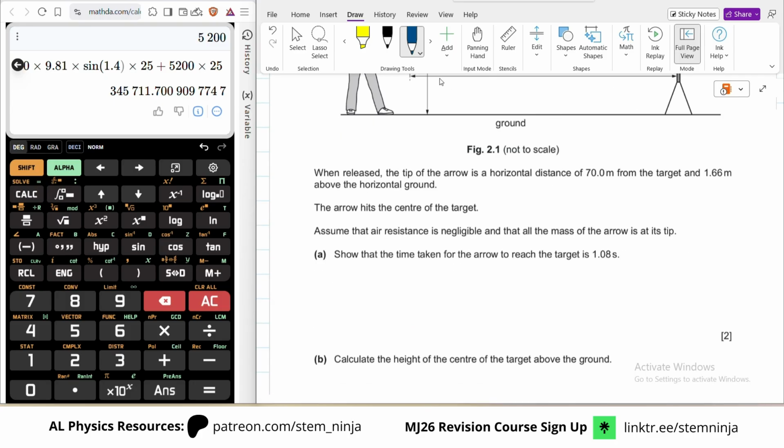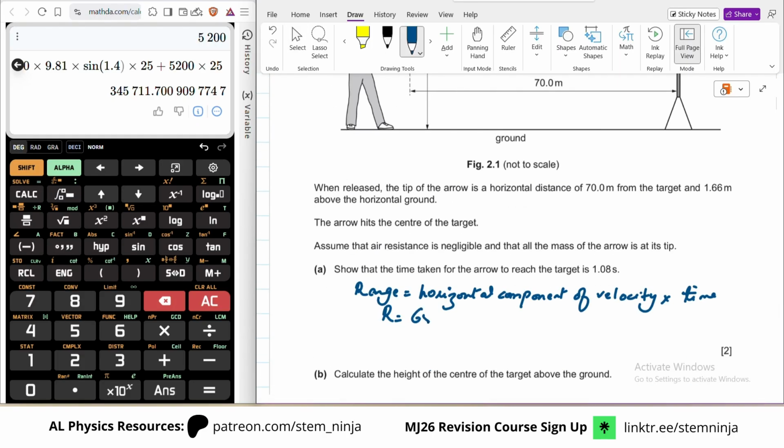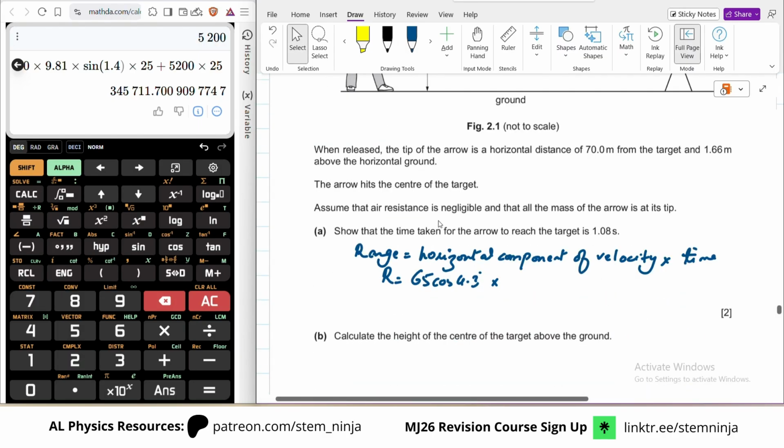Okay, so for the range, we have to employ the range equation now. Range is equal to the horizontal component of velocity multiplied by time. I'm writing it in words, but you can write it in symbols also. So R equals 65 cos 4.3 degrees times time.